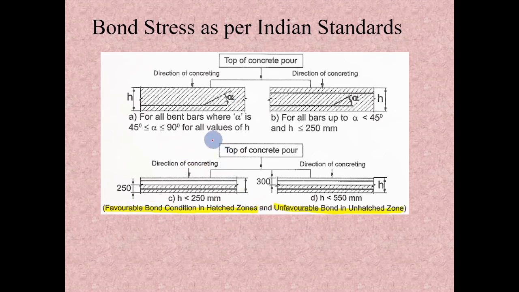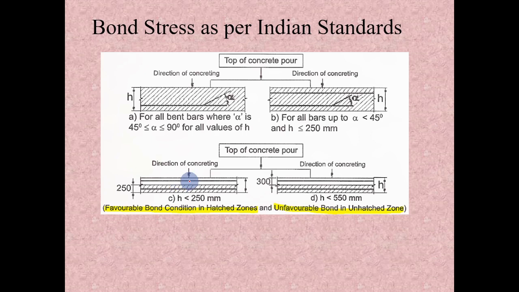If you see in the IRC 112 code, they have given an image similar to this. Wherever the hatch is given, if your reinforcement is provided in the hatch zone, then you can take it as a favorable bond condition. When there is no hatch at the reinforcement location, then it should be considered as an unfavorable bond condition.